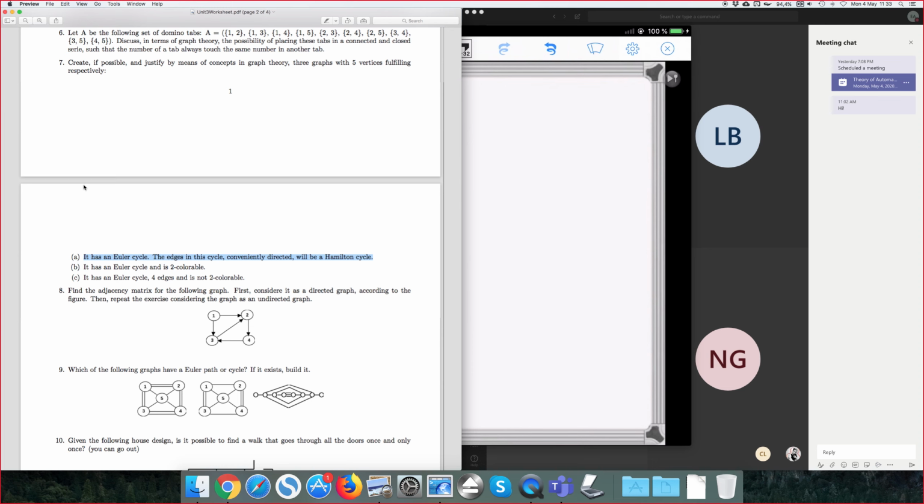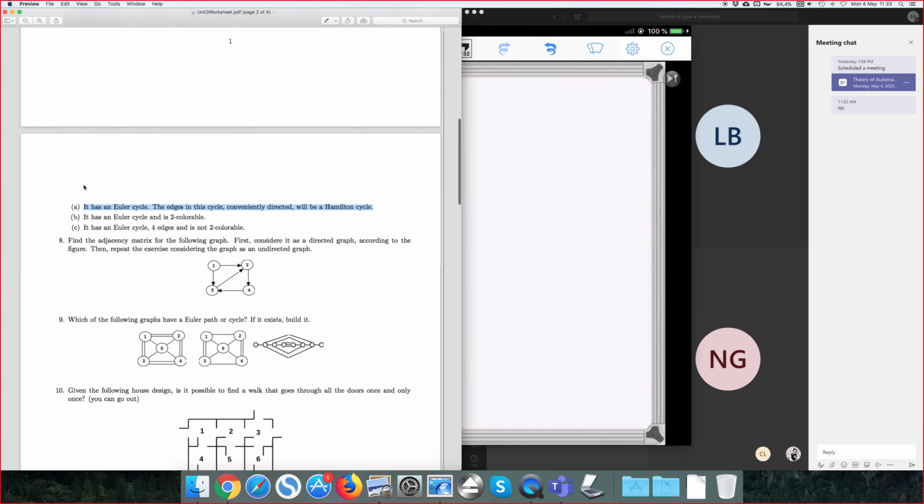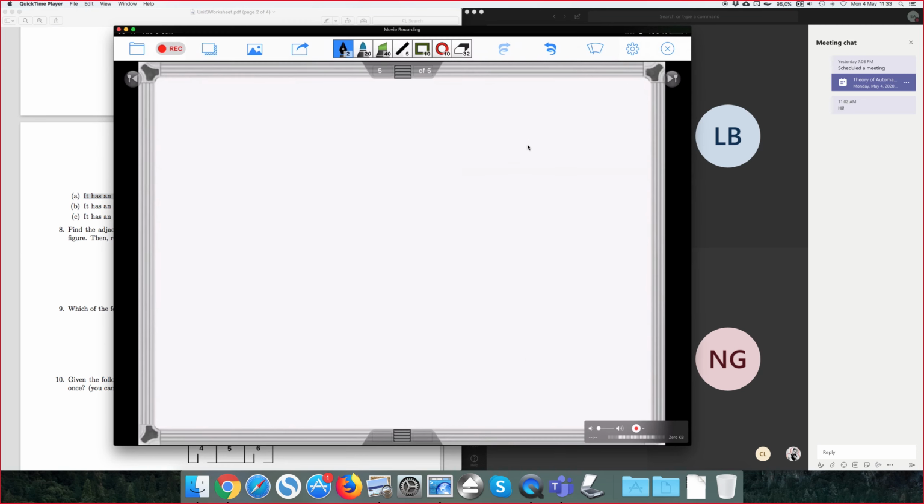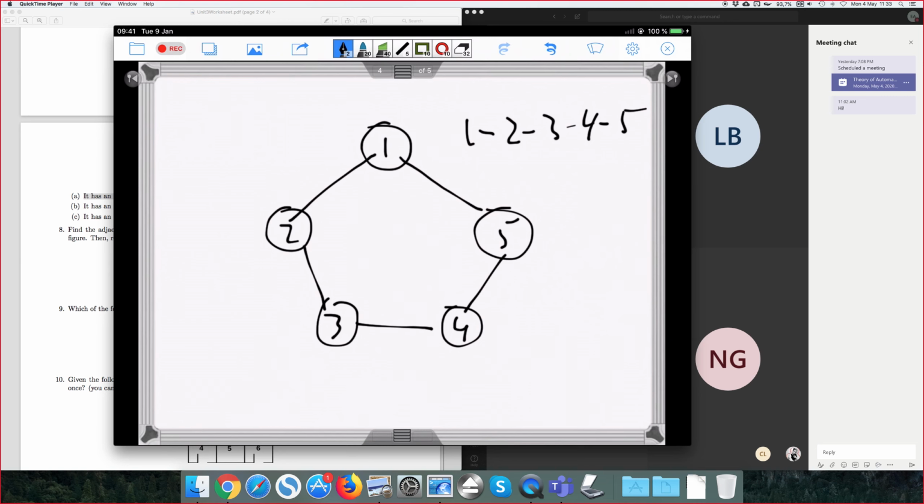Okay, let's see what we are asked to do in the second exercise. Okay, so now we need an Eulerian cycle, and we want the graph also to be two colorable. Okay, so here this is a bit more difficult, because if you try to do something like we did in the previous graph, this graph has an Eulerian cycle, but this is not two colorable, okay?